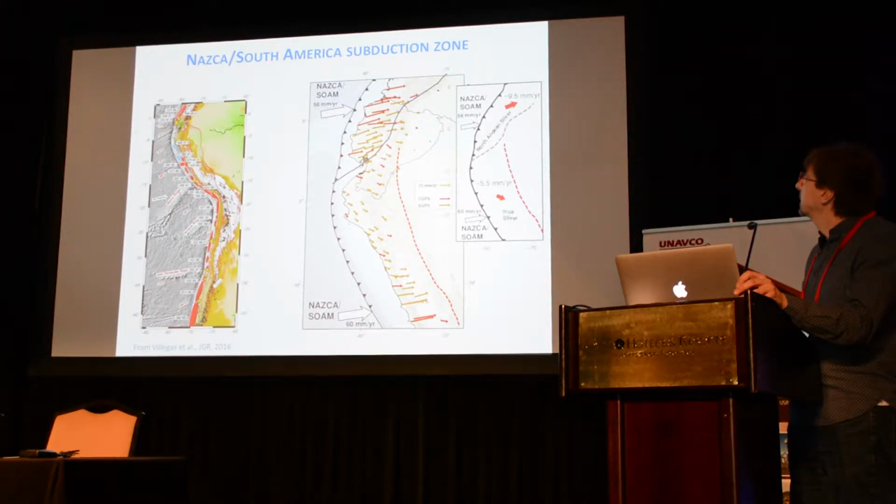But we see that the convergence is partitioned, and we could estimate, using areas where we don't see any significant strain, the motion of a North Andean sliver, which moves at about 1 centimeter per year with respect to South America, leaving about 4.5 centimeters as slip at the subduction interface.